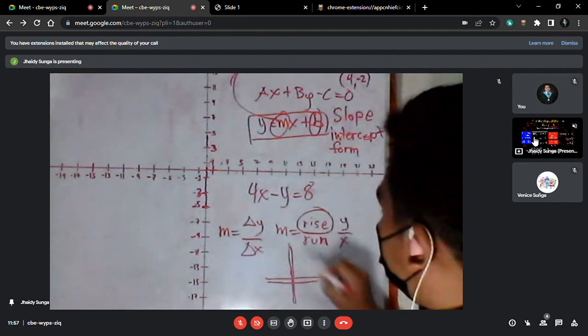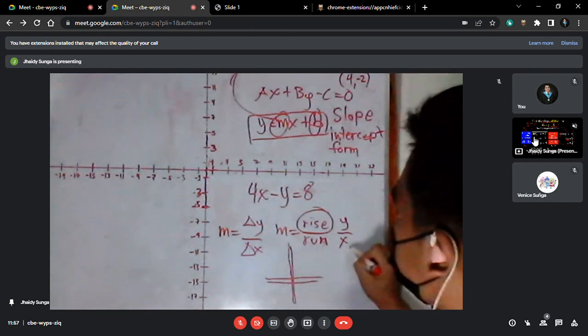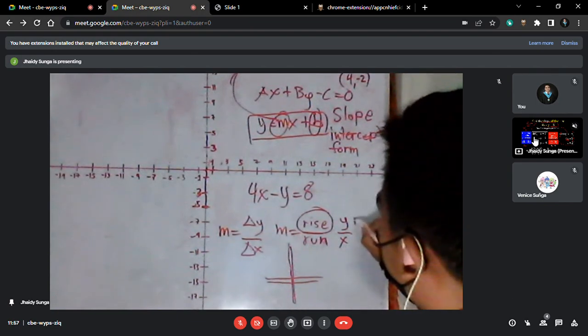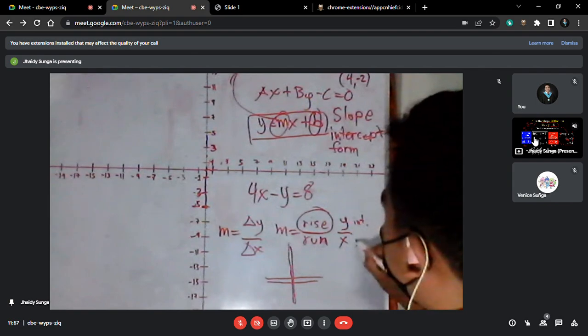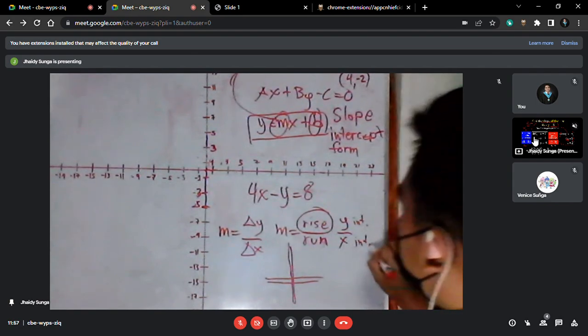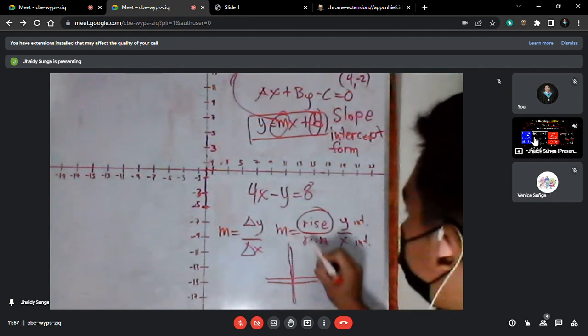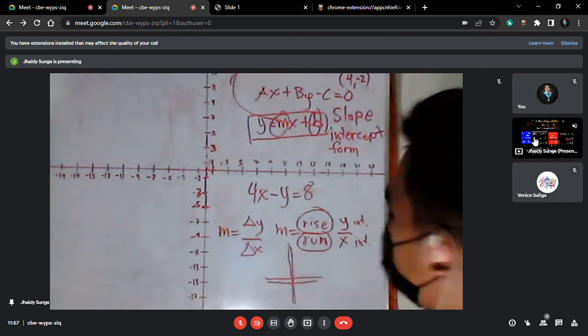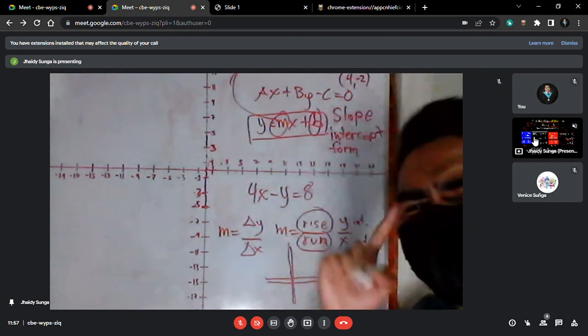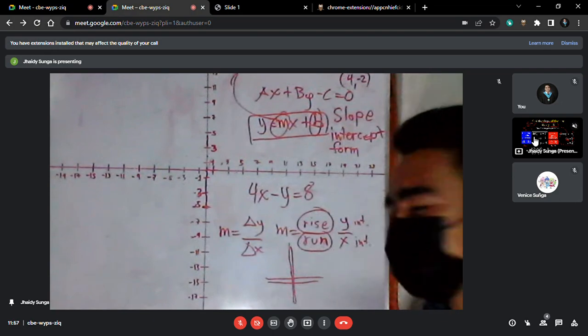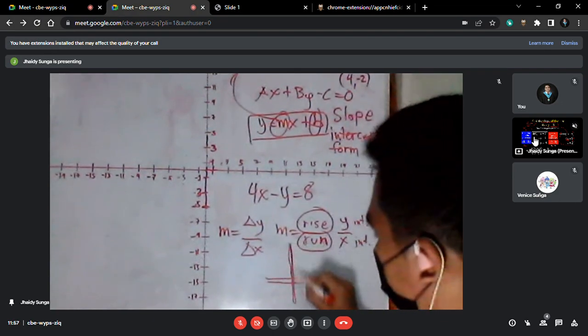Now, in your x, we base from the x-intercept. Alright, so if we have run, we base from the x-intercept. What is intercept, sir? You keep on telling me intercept. So this is your y-intercept.